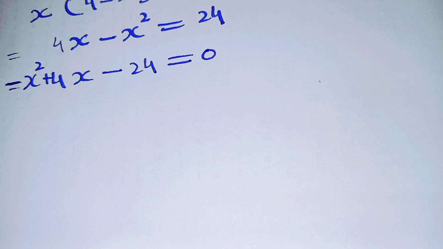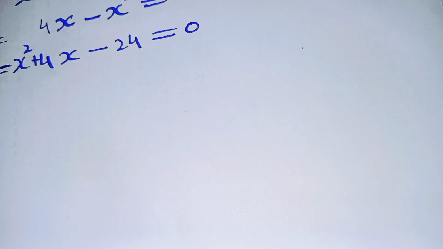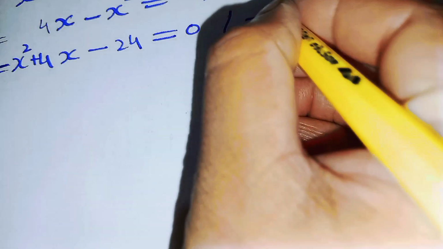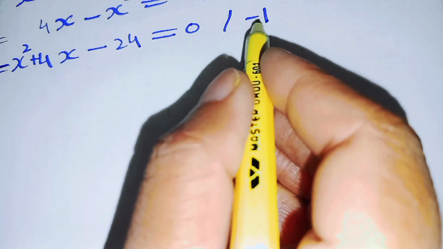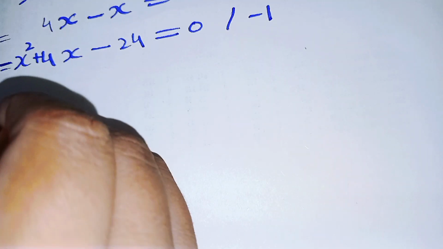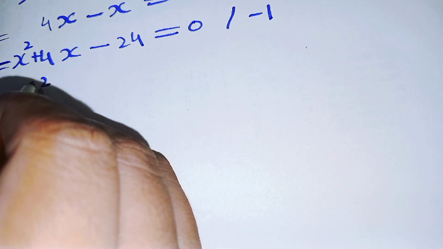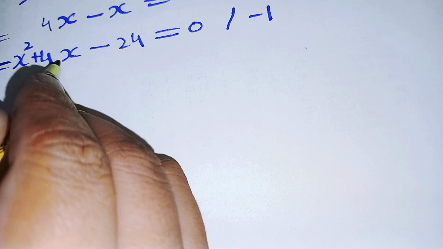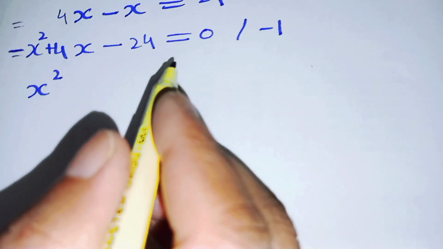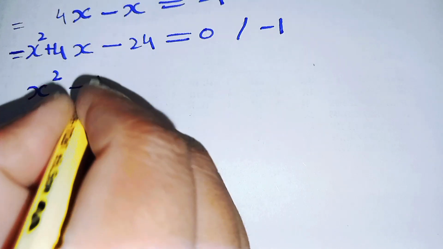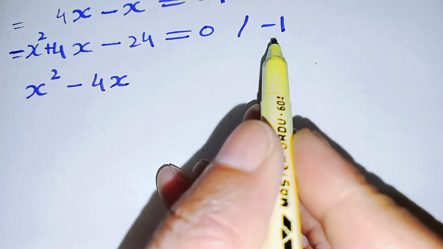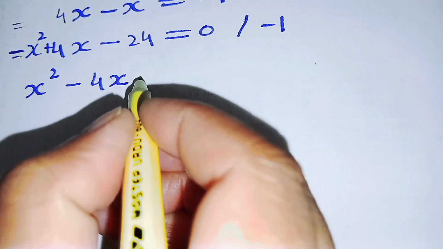Dividing by minus 1: minus x square divided by minus 1 is x square, plus 4x divided by minus 1 is minus 4x, and minus 24 divided by minus 1 is plus 24.